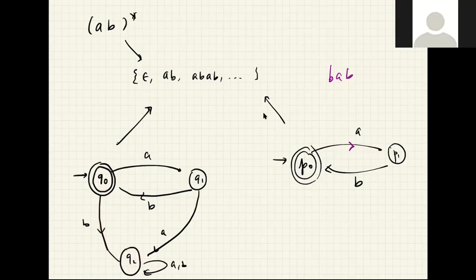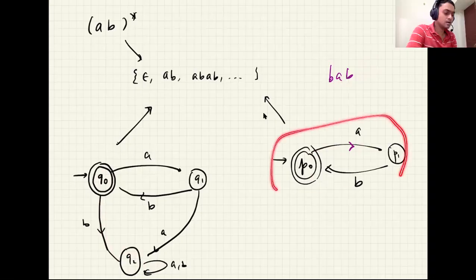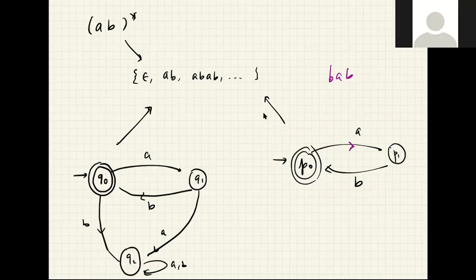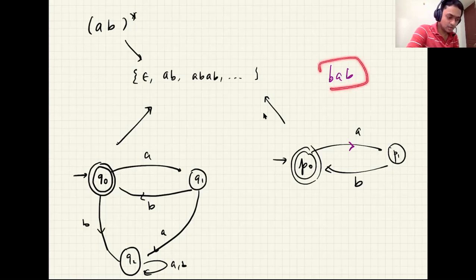Sir, if it's stuck, like in the example on the right hand side, will this be a valid answer, because it's not in the rejection state, but it's getting stuck? The automaton is accepting a word only if it is able to process the entire word and end in an accepting state. That is the condition.